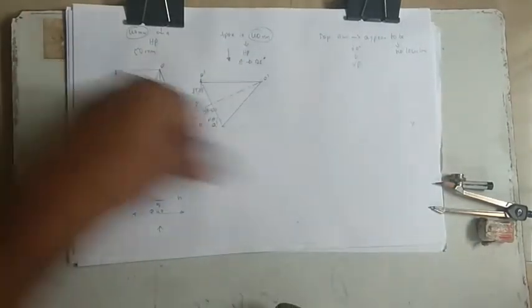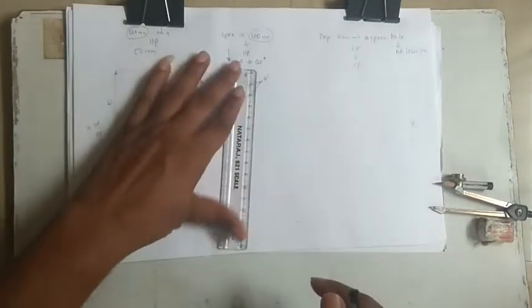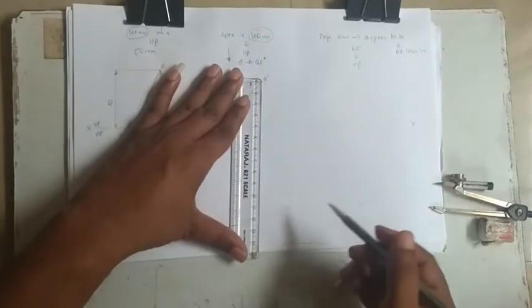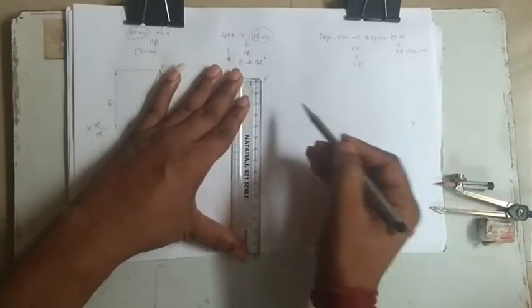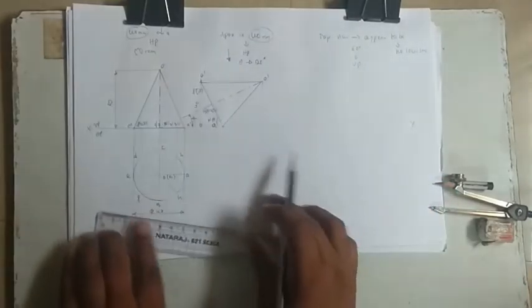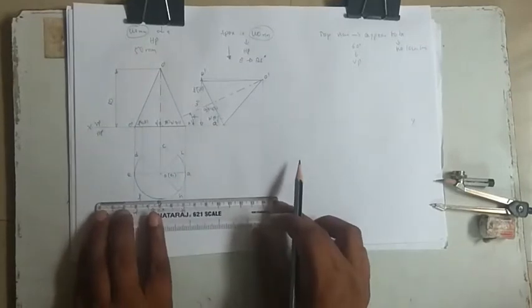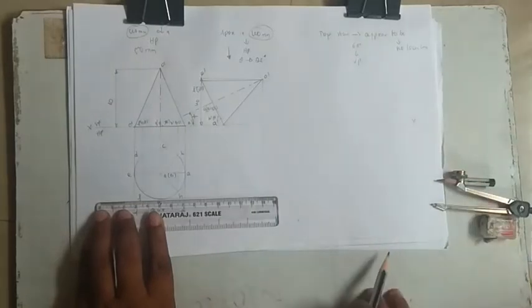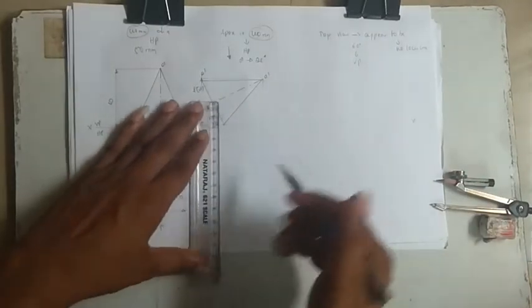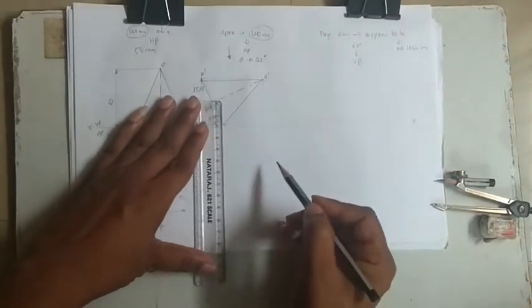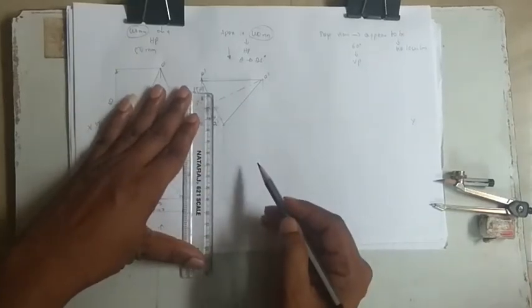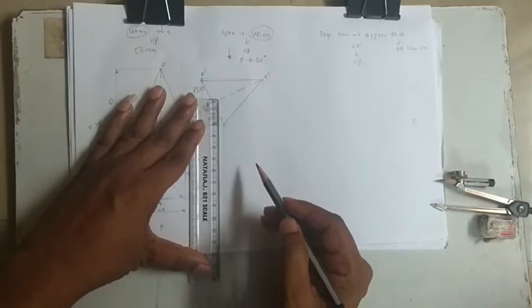Now to take the projections, as we have taken the rightmost and the bottommost, then drop the vertical projections, one from here.